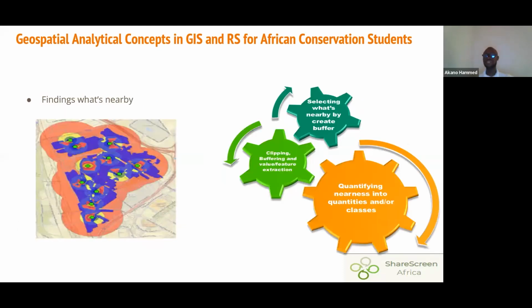The other technicality we need to know with our geospatial tools is finding what is nearby. We do a lot of buffering. Buffer, maybe like 50 meters, 10 meters, 100 meters. Buffer is an approach that you can use, but the technicality there is that you are finding what is nearby. Let's say you have a nature trail in a protected area. Within the trail, we want to know the ecological edge.